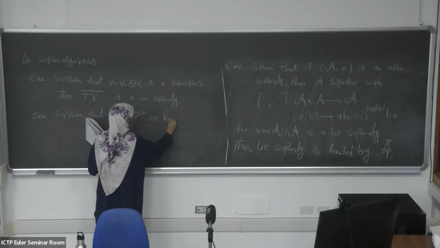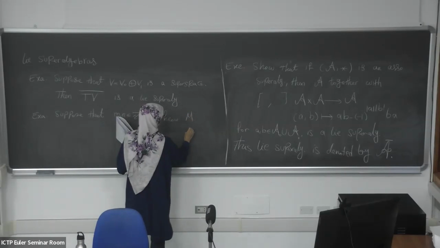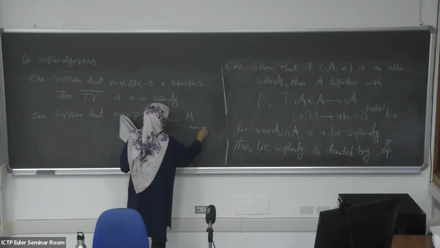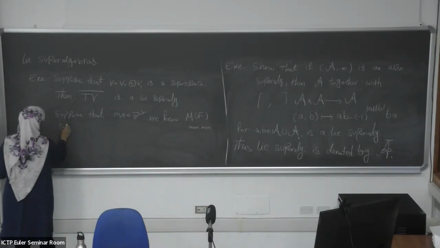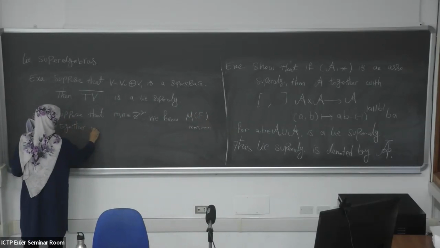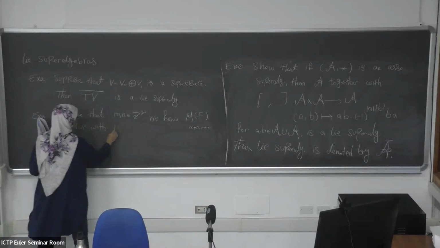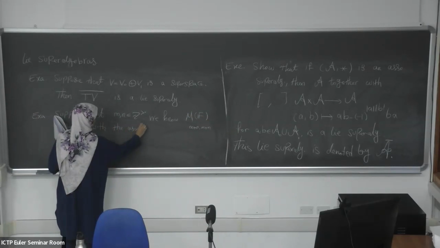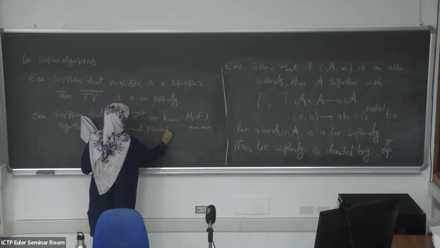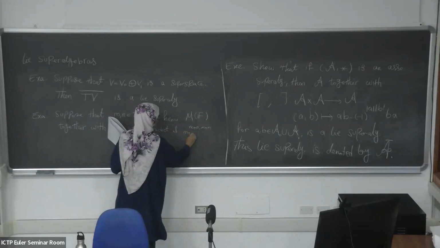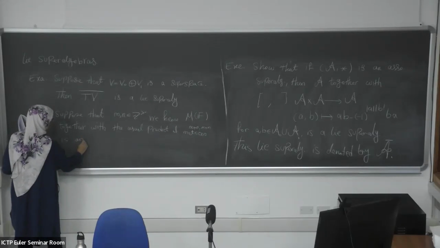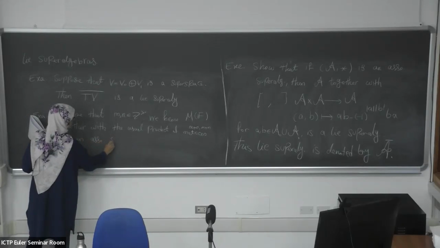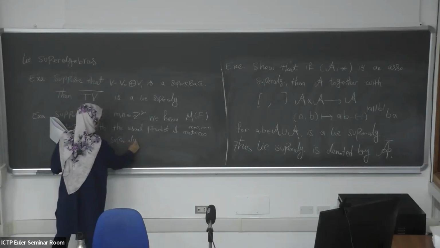You know, the set of all square matrices of dimension m plus n, together with the usual product of matrices, is an associative superalgebra.